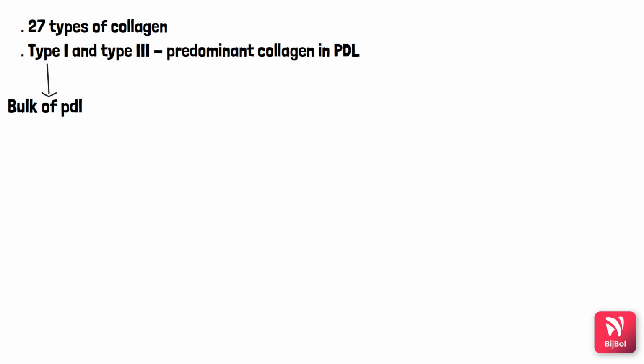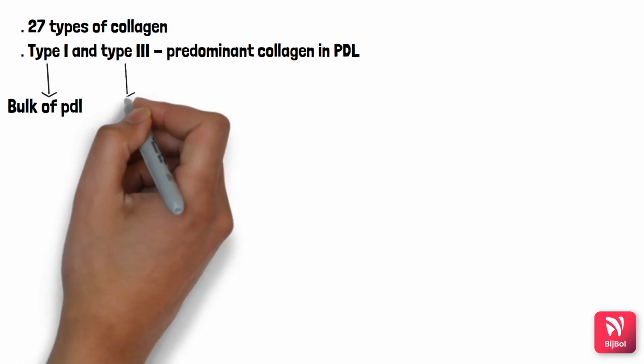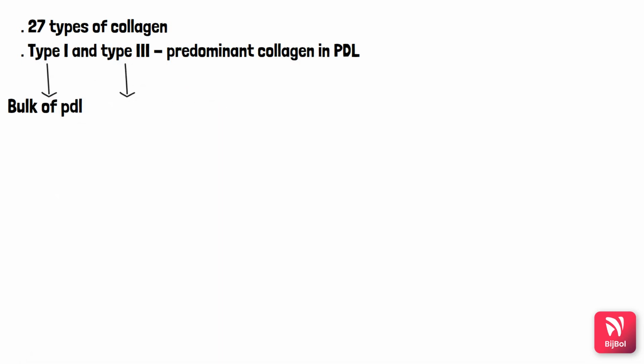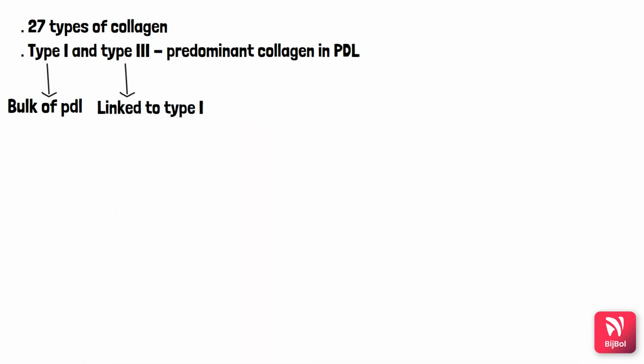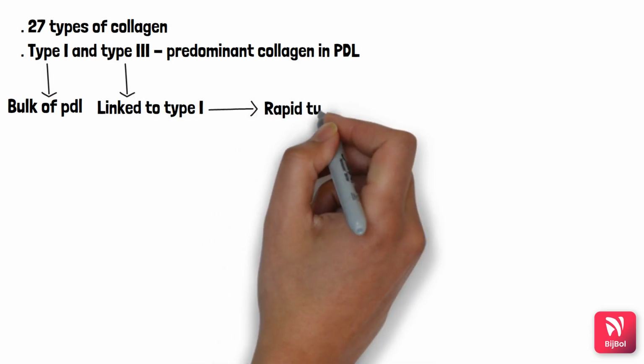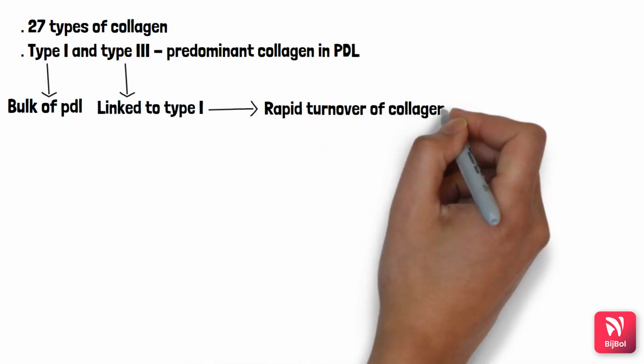That is 70% of the PDL is formed by type 1 collagen only, whereas the remaining percent is formed by type 3 collagen, wherein this type 3 collagen is covalently linked to type 1.